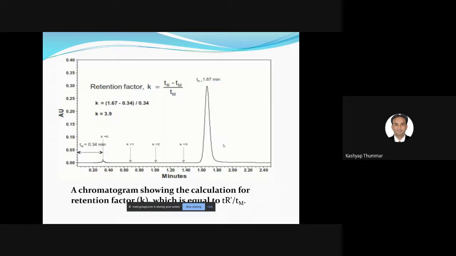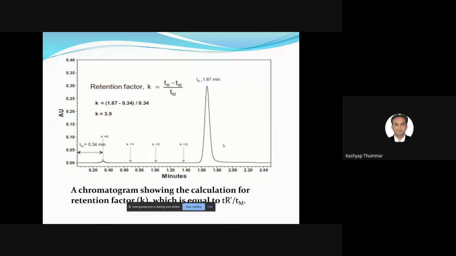If you look at the example, everyone should focus on this slide, because if you don't get any idea from the definitions, you will get more idea from this. Retention factor K is equal to (Tr minus Tm) upon Tm.